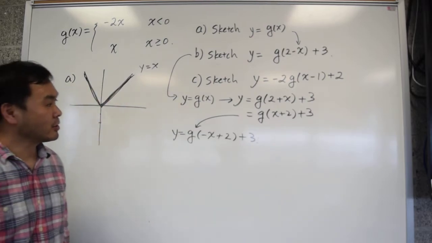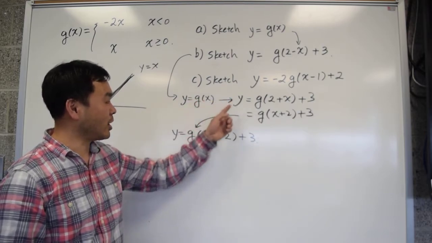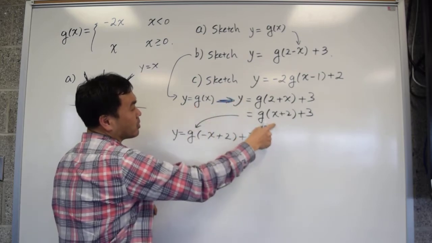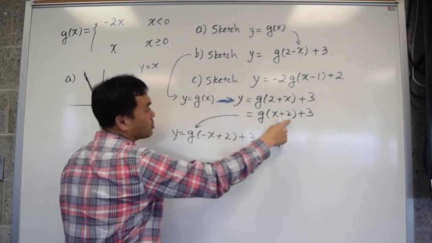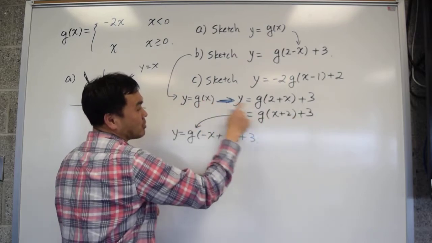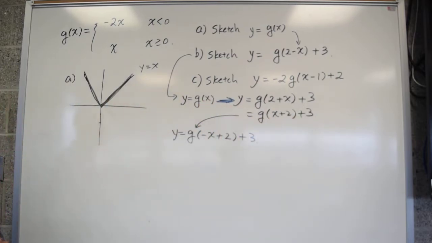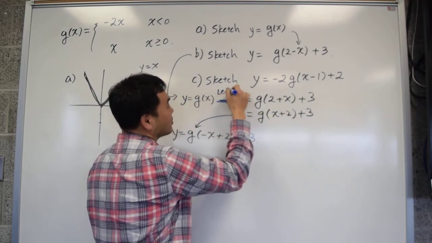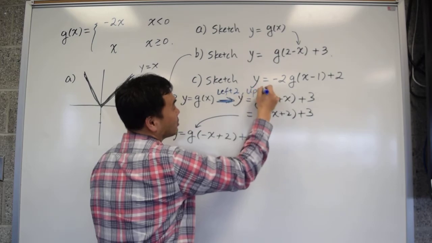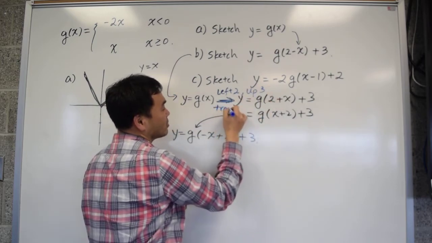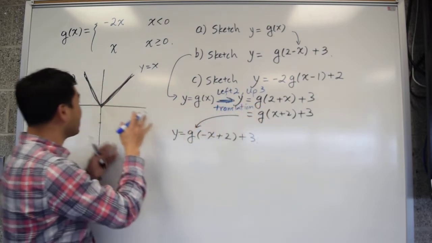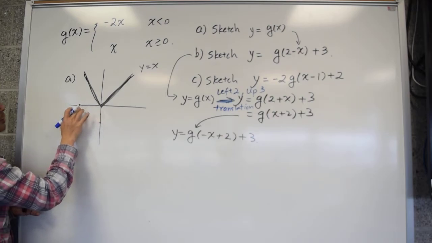And then I'm going to ask the transformations from each arrow. In this first arrow, you went from x to x plus 2 plus 3. What kind of transformation is this? This is left 2, up 3. In other words, it's a translation, or a shifting of this graph, left 2 steps, up 3 steps.